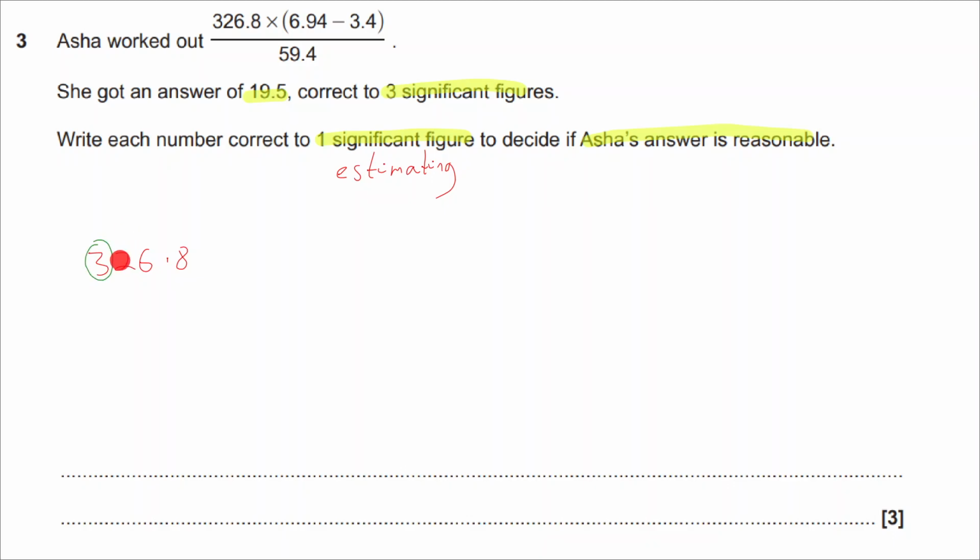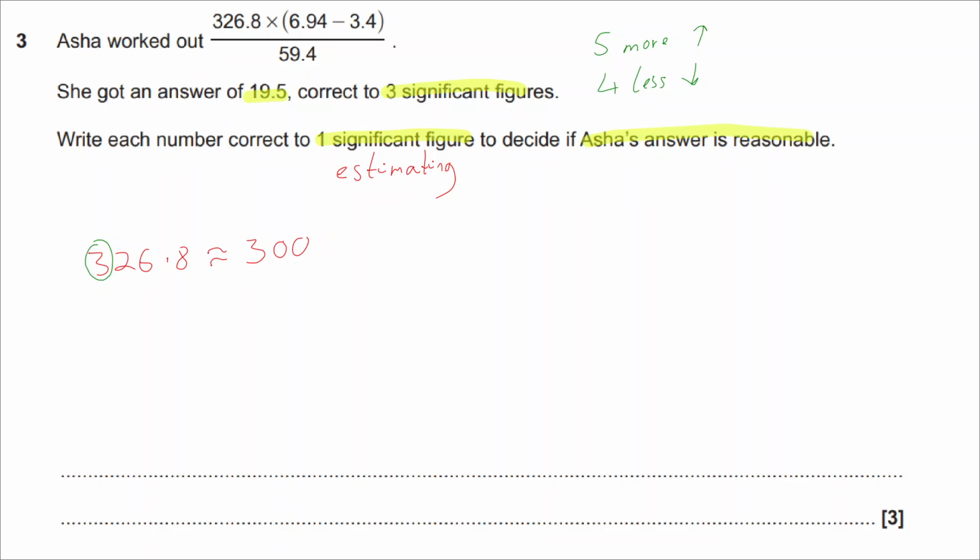If this number is 5 or more, you round up, and if it's 4 or less, you round down. Because the 2 is less than 4, you keep this as a 3. So we're going to say that's approximately equal to 3, and you replace all of your numbers afterwards with zeros. So 300.0, which of course is just the same thing as 300.